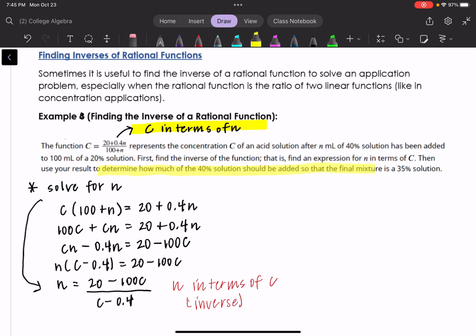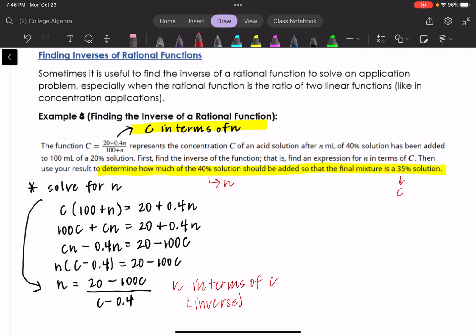So now it wants us to evaluate and determine how much of the 40% solution should be added so that the final mixture is a 35% solution. So what's important to understand here is what N and C are. And so N is the amount of 40% solution, and 35 is the final actual cumulative percentage of the mixture.